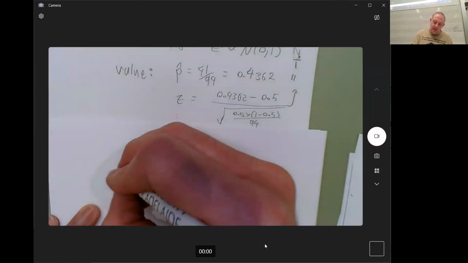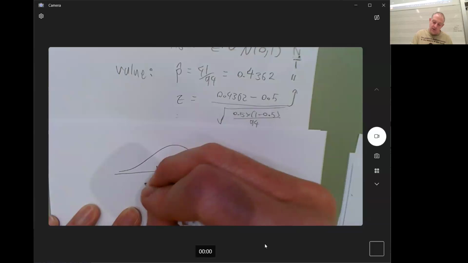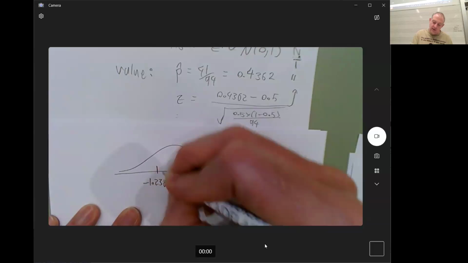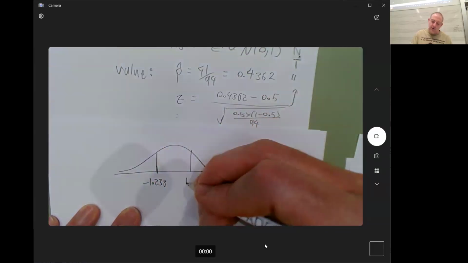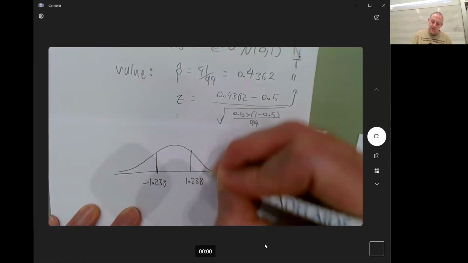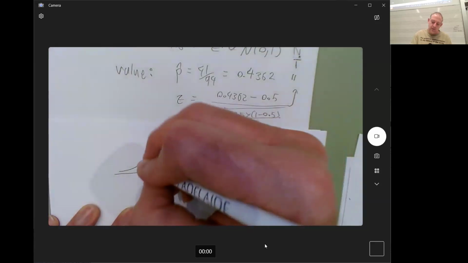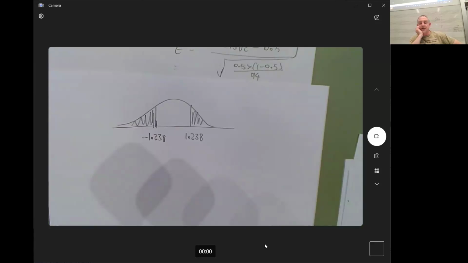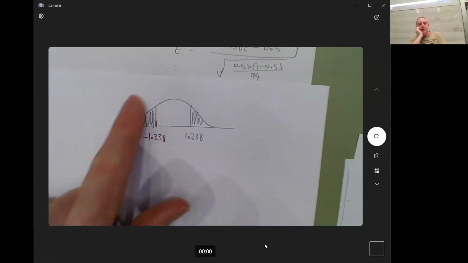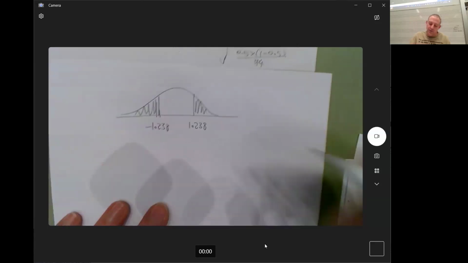And so now to do my p-value, here's my minus 1.238 over here. And I am also interested in what happens over that side. I need to know what this probability is.